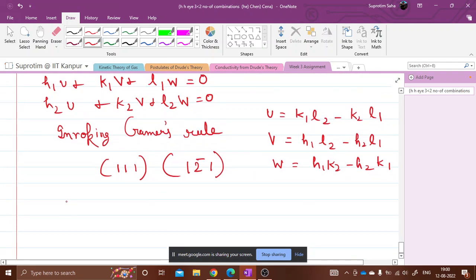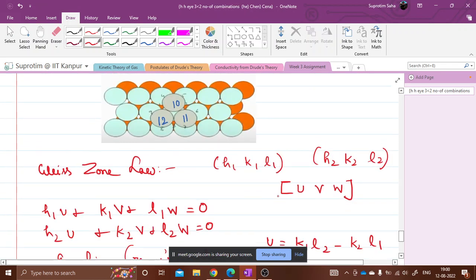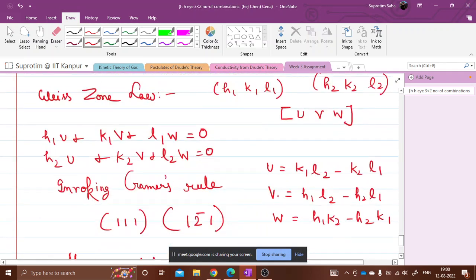So U is 1 into 1 minus 1 into minus 1, which is 2. V is 1 into 1 minus 1 into 1, which equals 0.